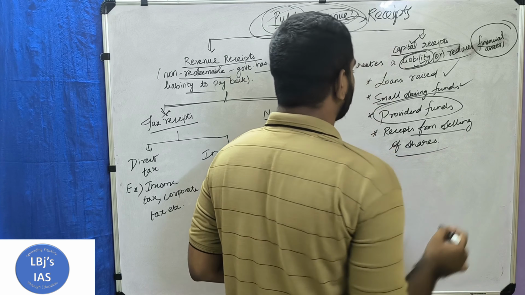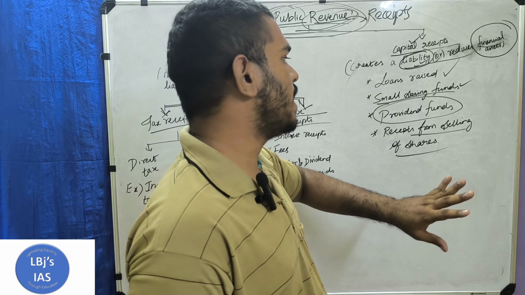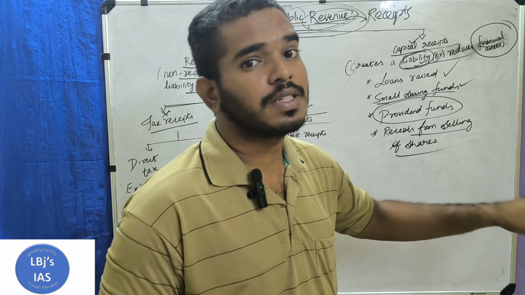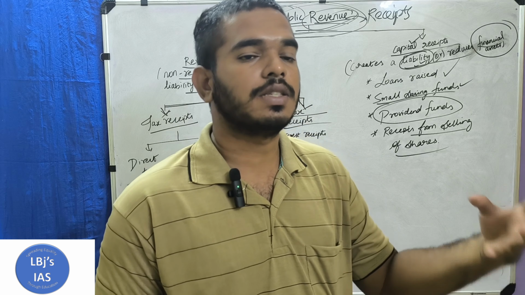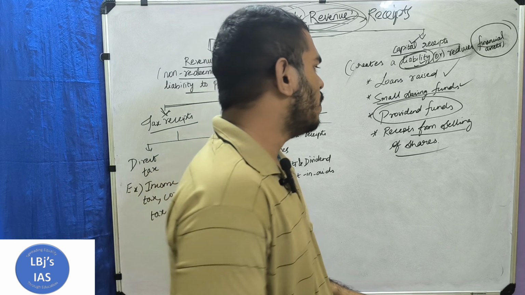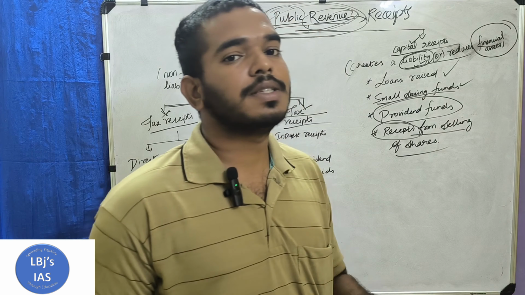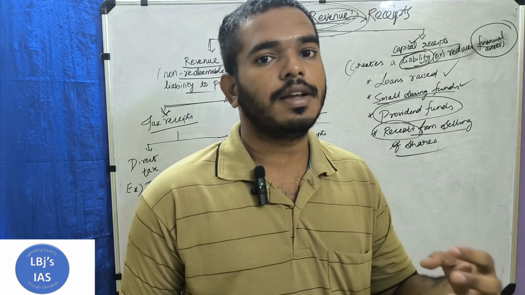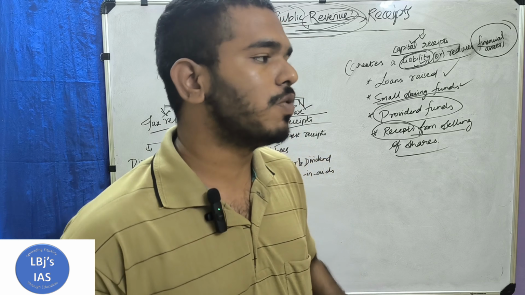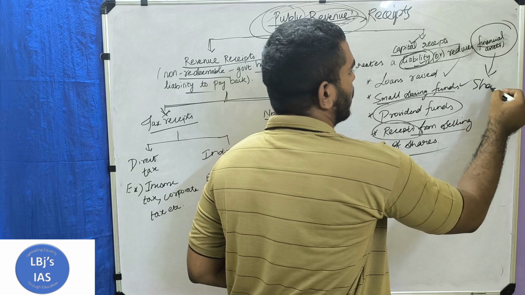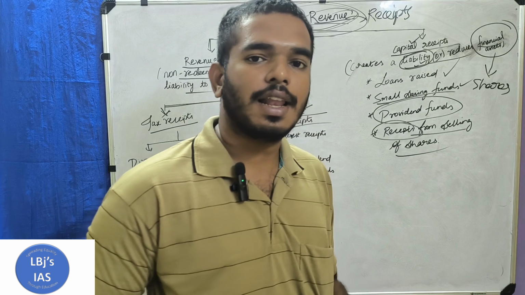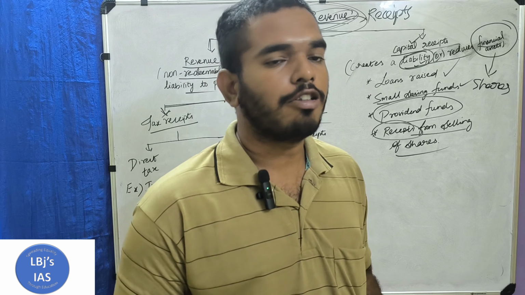Then receipts from the selling of shares. The government invests its money in various shares, various share markets, various bonds. Shares and bonds are considered a financial asset for the government.